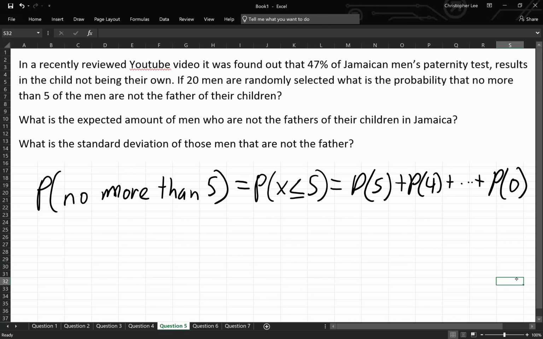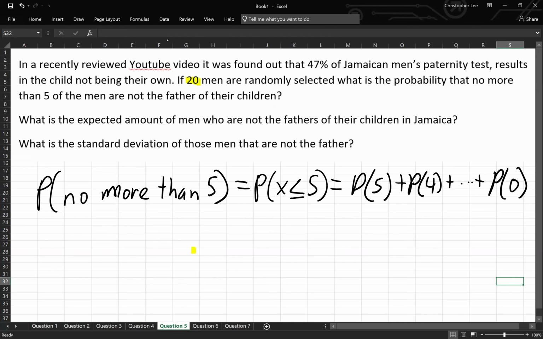We have 2 ways that we can do this. You can either do it in the calculator, which will be binomial CDF, or use the formula sheet. Let's recap real quick.